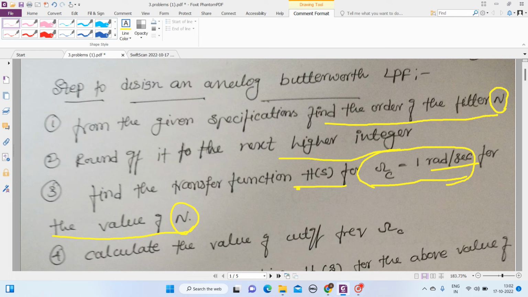Here I have referred to P. Ramesh Babu's book, Digital Signal Processing, 7th edition. In that book, table 5.1, in the chapter on infinite impulse response filters, page 5.9. On that page, you can see table 5.1, list of Butterworth polynomials.